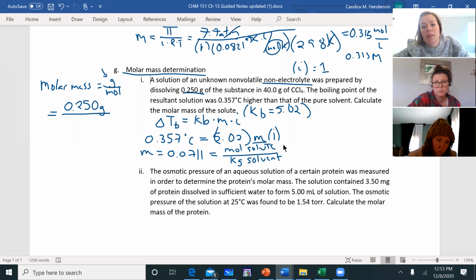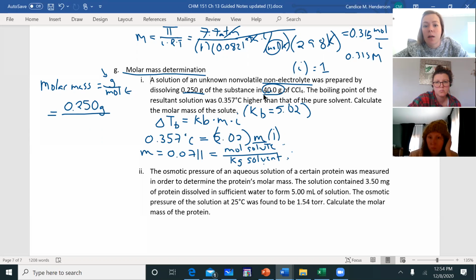Do I have either of these values? Actually, I do have this bottom one, not quite in kilograms, but I have it in grams. And I want this moles of solute, right? At the end of the day, what was I trying to get? I was trying to get my number of moles to plug into my denominator. So here I can leave this as moles of solute, and then in the bottom, I can fill it in with this value converted into kilograms.